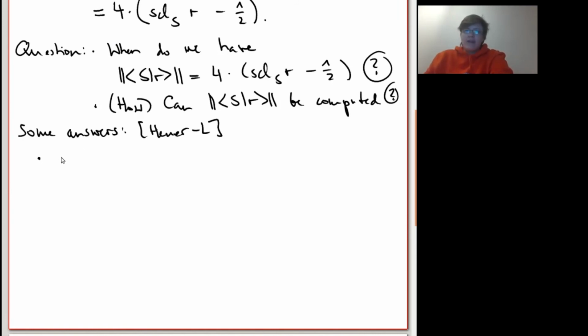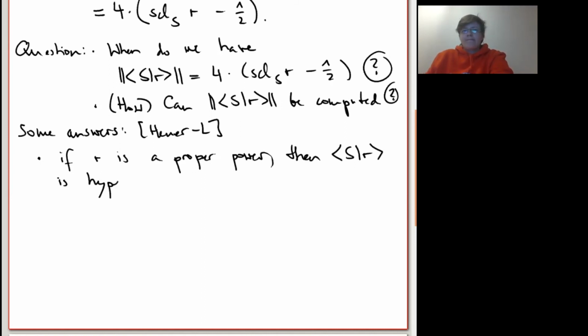So if R is a proper power, then I told you the one-relator group is hyperbolic. And then there is a result by Mineyev that tells you something about bounded cohomology and therefore also about the one norm.